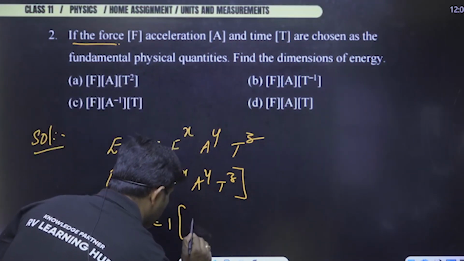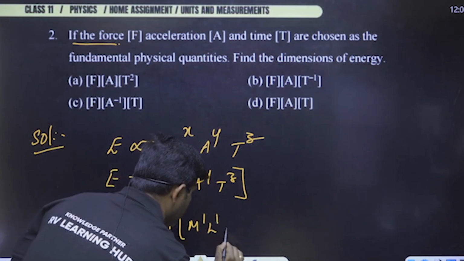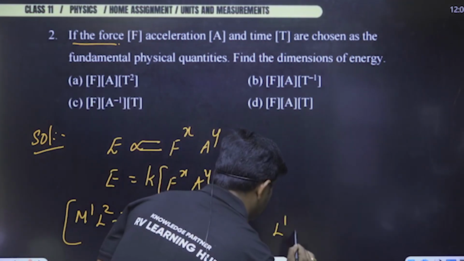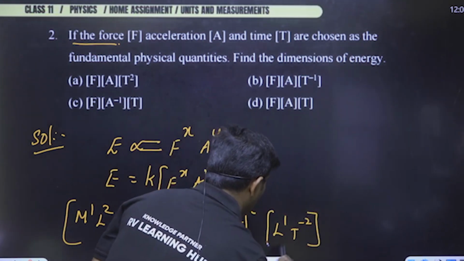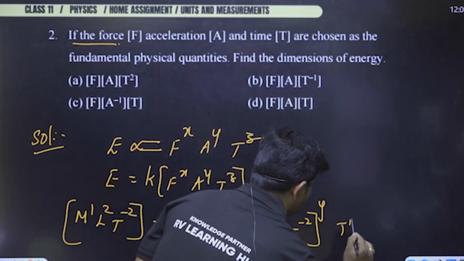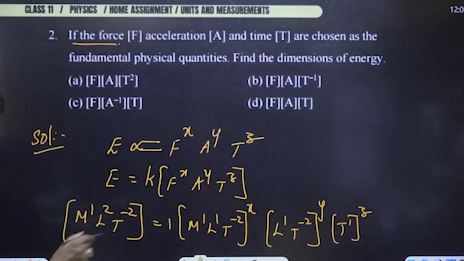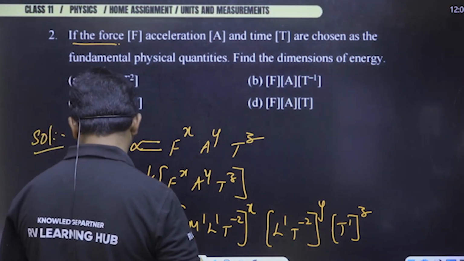Force, what is the force value? We can say here M power 1 L power 1 T power minus 2 whole to the power of x. Acceleration is L power 1 T power minus 2 whole to the power of y. T to the power of 1 whole to the power of z. Okay. So just multiply and equate according to the principle of homogeneity.